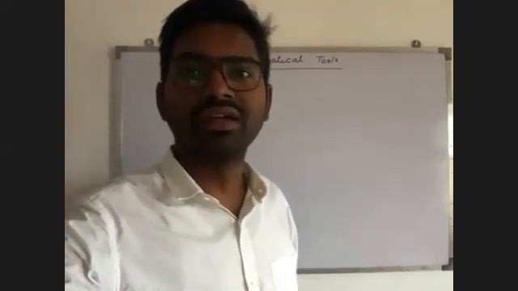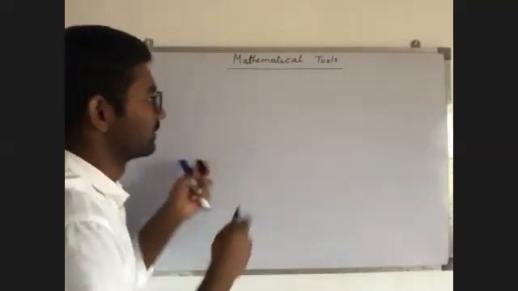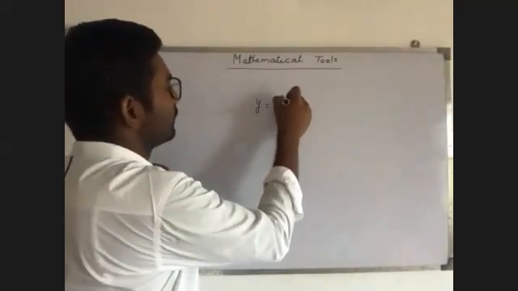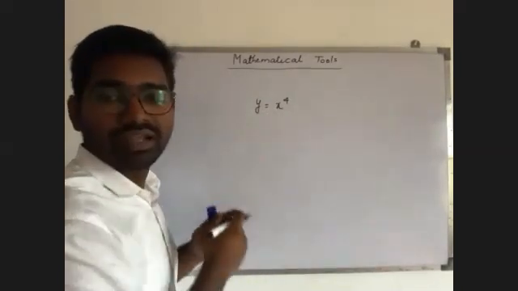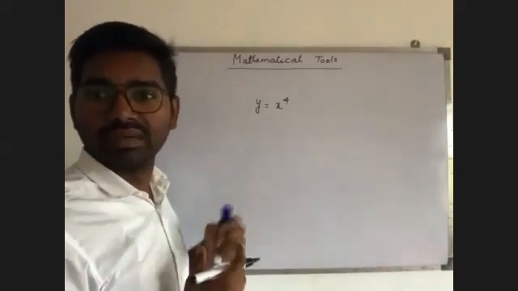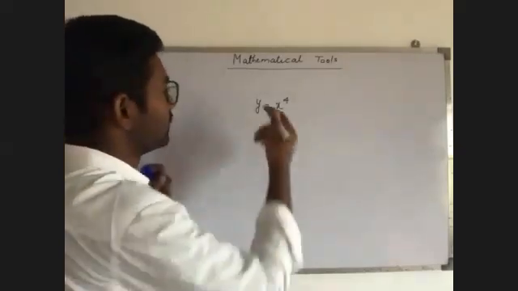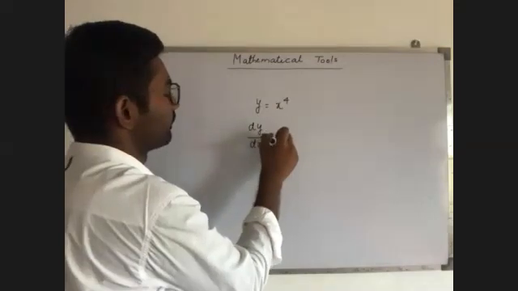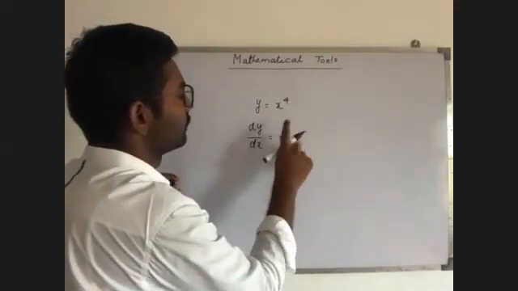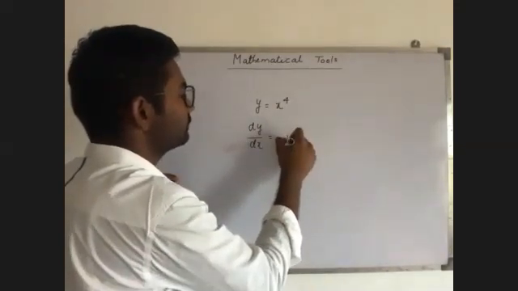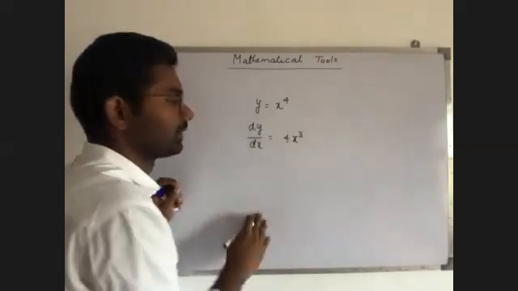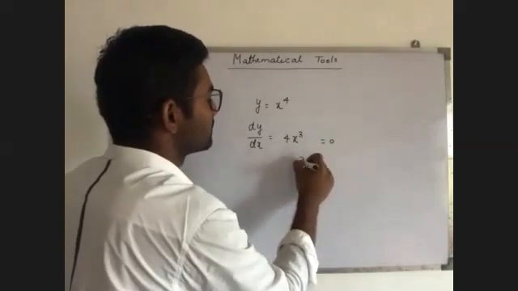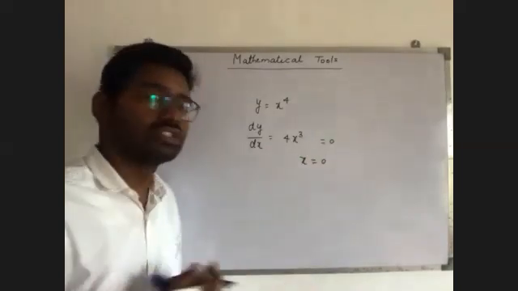Somik Reddy, if you are saying x to the power 4, look here. y equals x to the power 4. If I want to find out maxima or minima, how is it going to be? So look here, if I calculate dy by dx, that is 4x cubed. dy by dx, 4x cubed, equal to 0 means x equals 0.